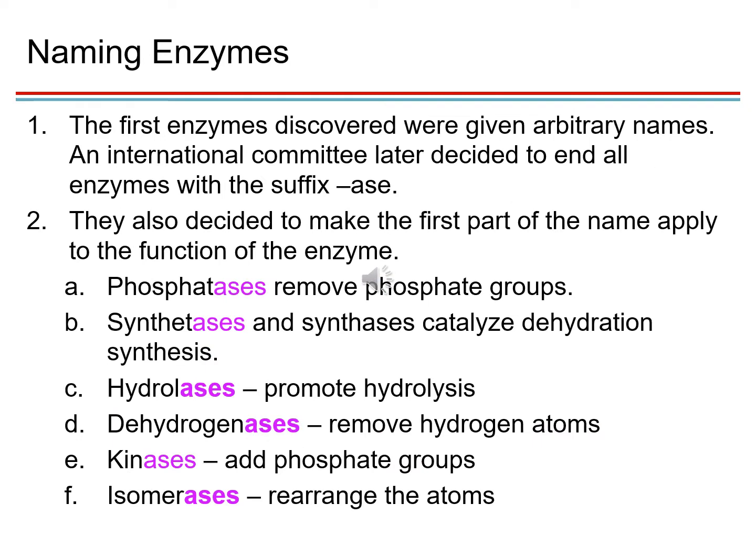The enzymes are also named in one particular way: all of them have a suffix ending in "ase", like you read in this slide: phosphatases, synthetases, hydrolases, dehydrogenases, kinase, isomerase, but all of them have the same suffix, "ase".